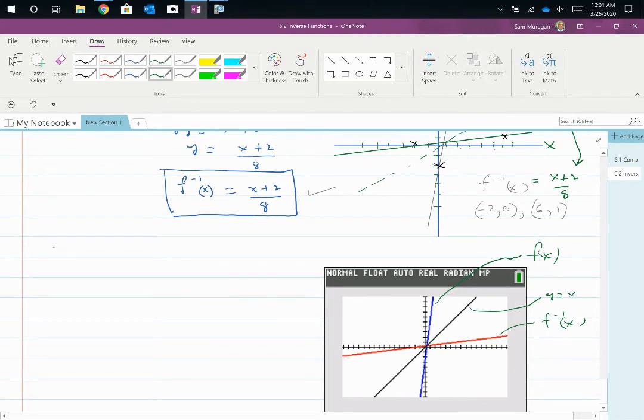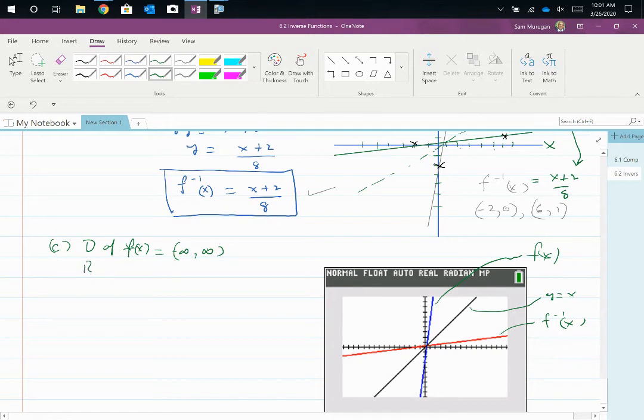You may be asked to find the domain. Since all of these are linear functions, the domain of the original function is negative to positive infinity.